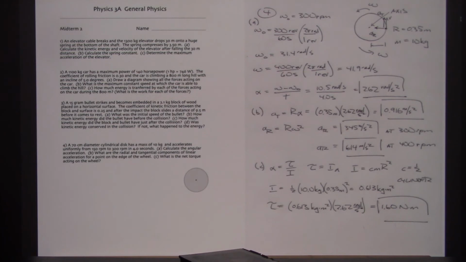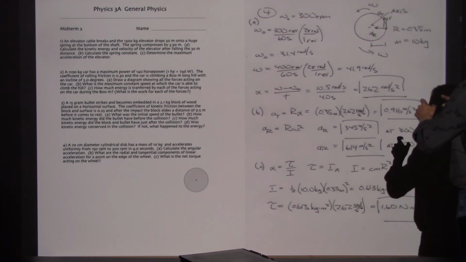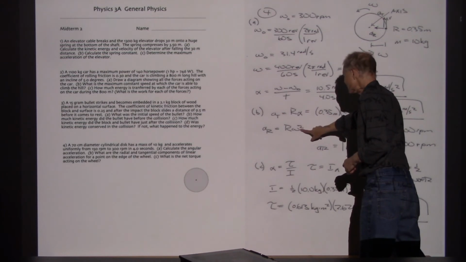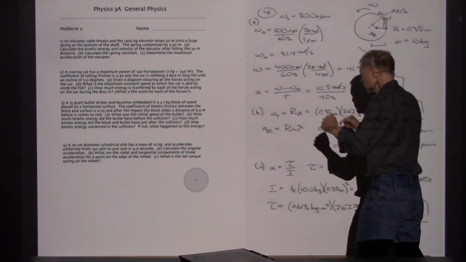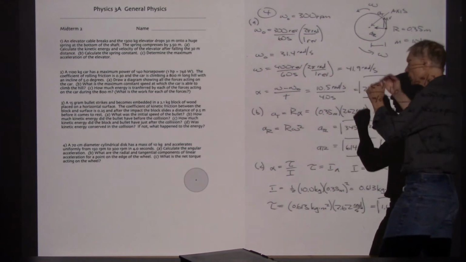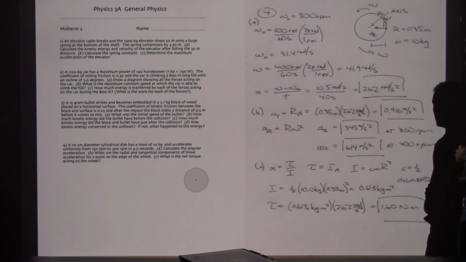So you can see the radial accelerations are quite large. So we have really large values for those, and those are going to be in meters per second squared. Even though the angular acceleration is constant, that doesn't mean that the omega is constant. It means the omega is increasing, and that the radial acceleration will also be increasing.